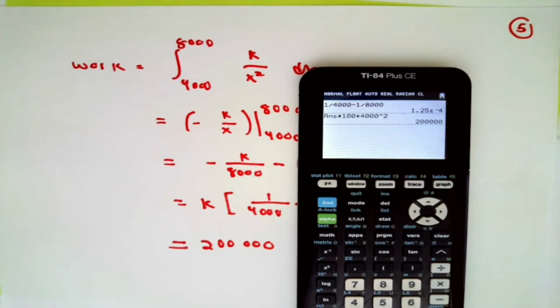Now, since work is distance times force, I'm measuring my forces in pounds and my distances in miles. This is 200,000 mile-pounds. If I want to convert this into foot-pounds, I have to remember that every mile consists of 5,280 feet. I would need to multiply this by 5,280.